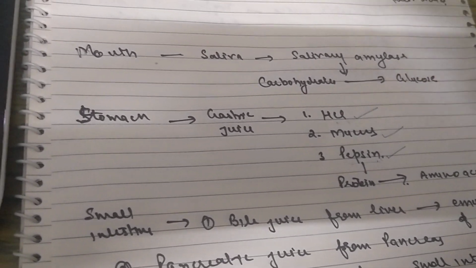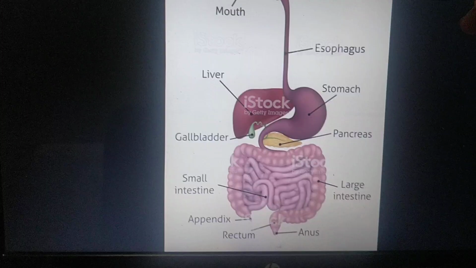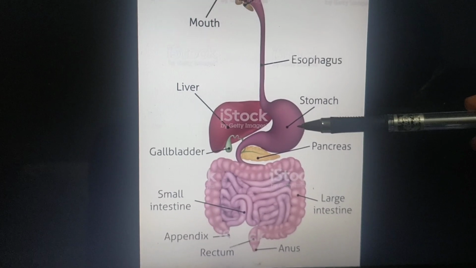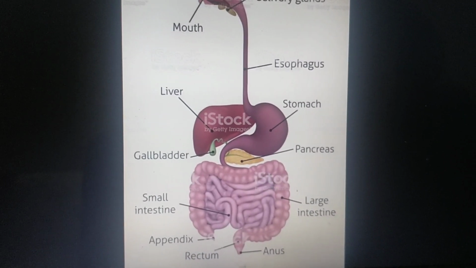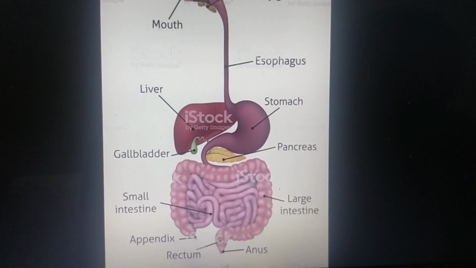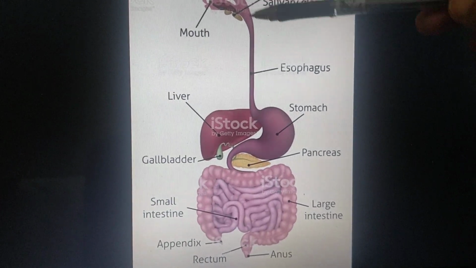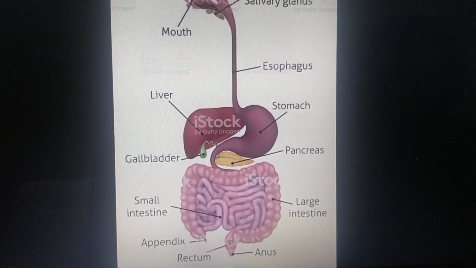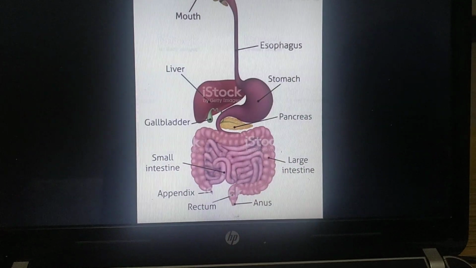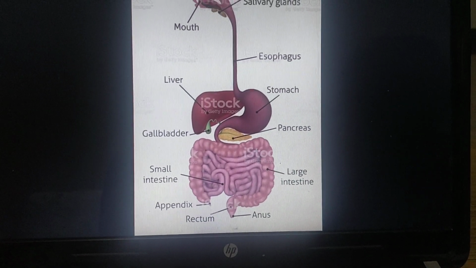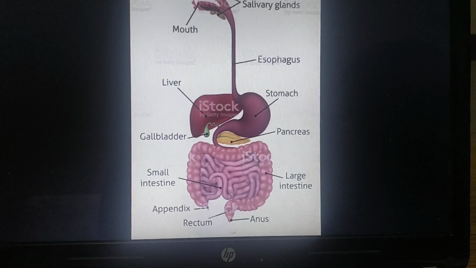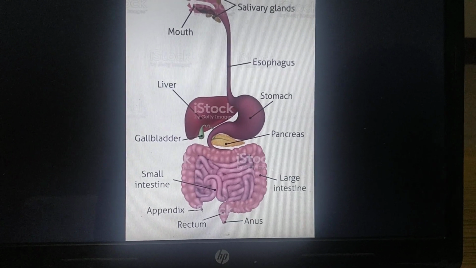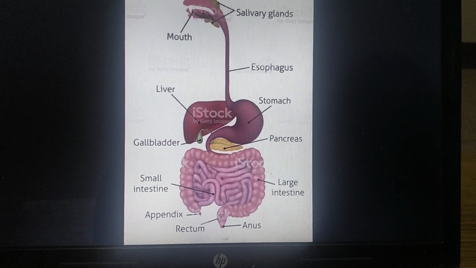Then from the mouth, the food comes through the esophagus into the stomach. The lining of this alimentary canal is made up of muscles, and these muscles show rhythmic movements which are known as peristaltic movements, and this helps in pushing the food forward.